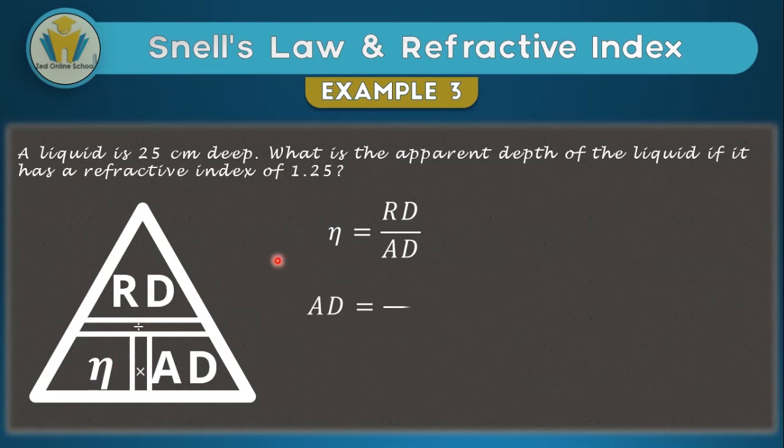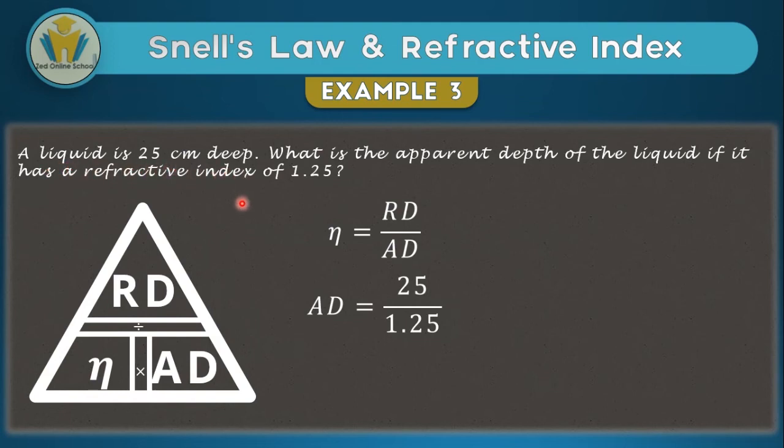Now we can continue. So this is how we're going to work it out. We're going to replace the values in their respective places. RD is the real depth. And how do we know it's the real depth? Well, the question says the liquid is 25 centimeters deep.